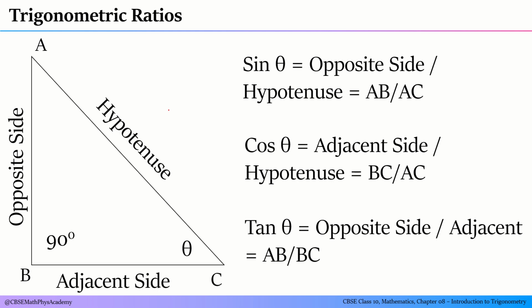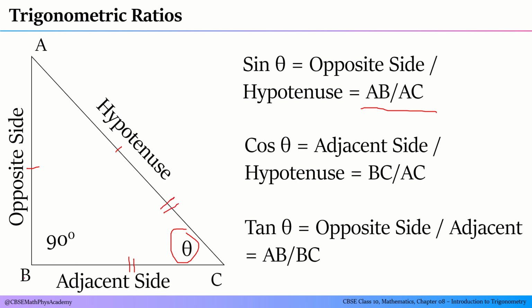Sine theta is opposite side divided by hypotenuse. Opposite side is nothing but length AB, and hypotenuse is nothing but length AC. So I'm going to write it as AB by AC. Similarly, cos theta is equal to adjacent side divided by hypotenuse.